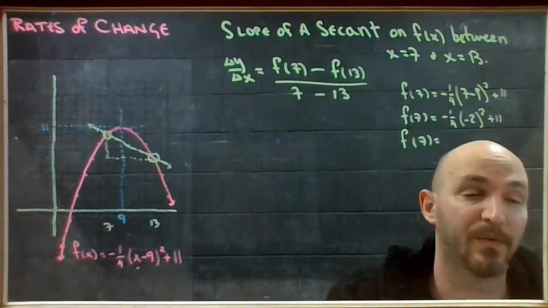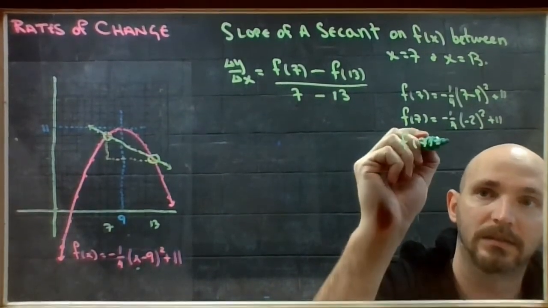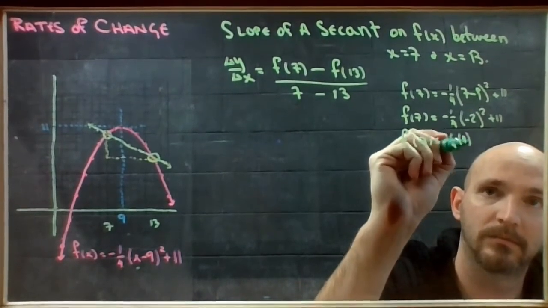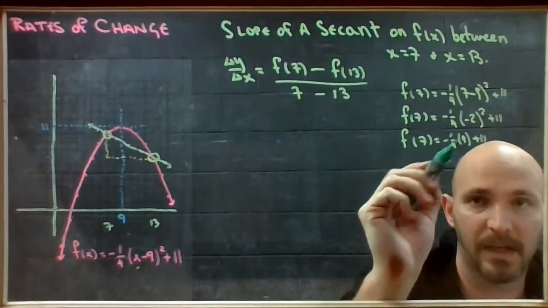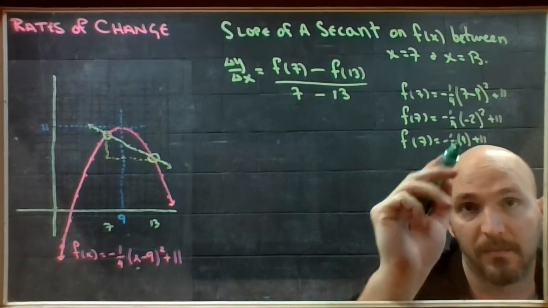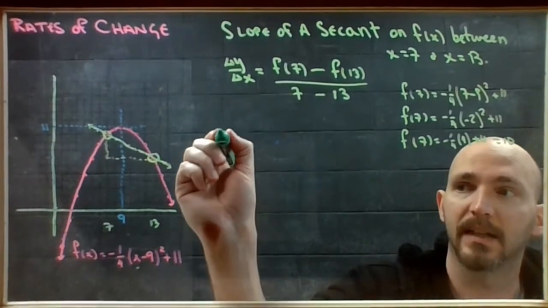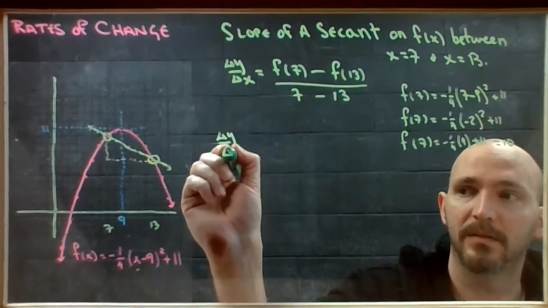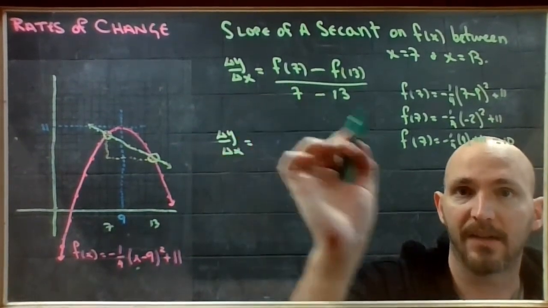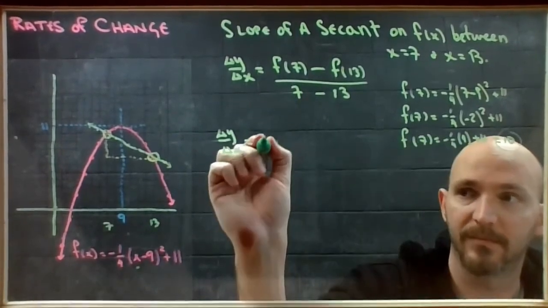Minus 2 squared is 4. And minus 1/4 of 4 would be minus 1. Minus 1 plus 11 would be 10. So when I work this out, then f at 7 is 10.